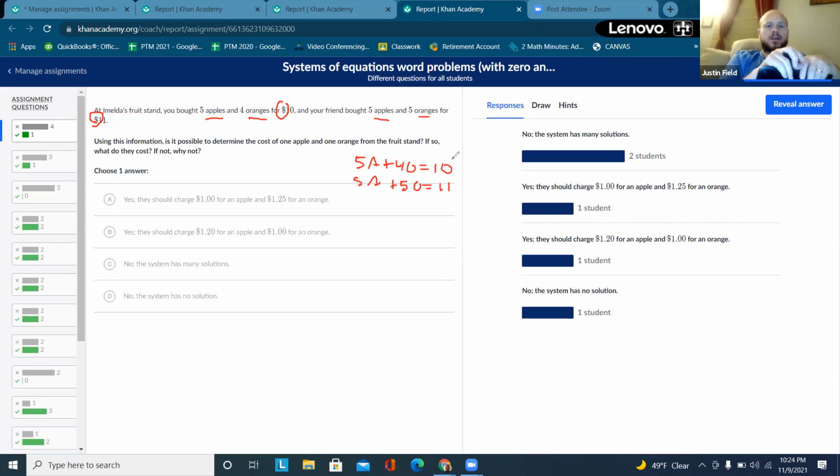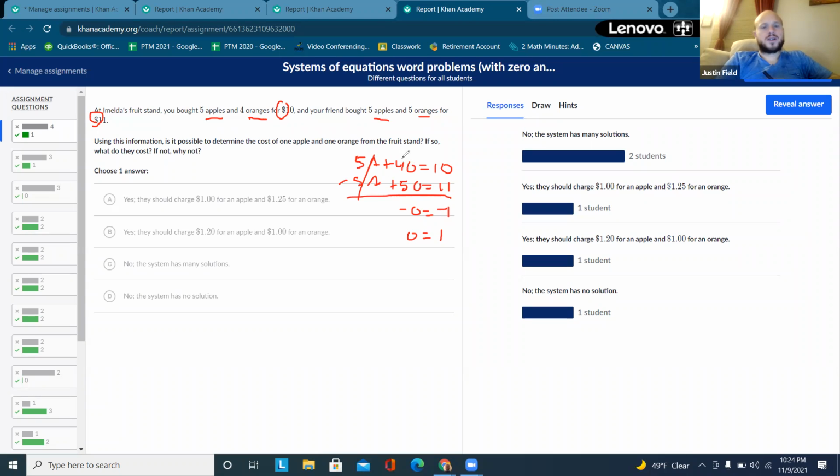Well, yeah. Okay, so all we got to do is use elimination, right? We can even just subtract the two systems. Subtract those. That's going to be -o equals -1. So O in orange is $1.